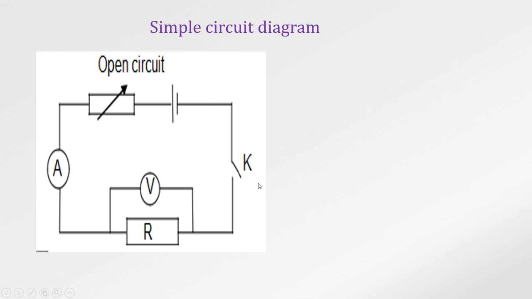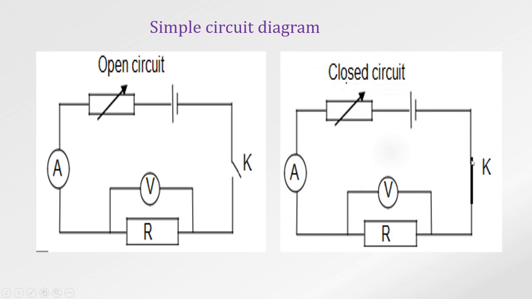When the switch is open, the circuit is called an open circuit. But when the switch is closed, like here, then the circuit is called a closed circuit. So when you arrange your circuit, you ask yourself, do I have an open circuit, or do I have a closed circuit?